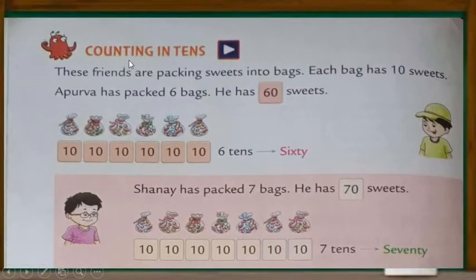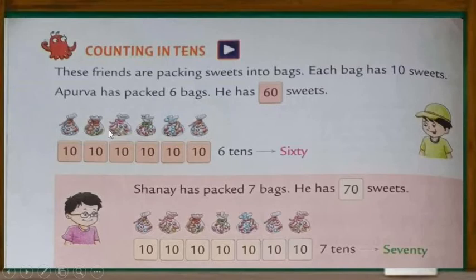Now look at here, my dear students, this is very important. This will help you understand the place value also. Look, these friends are packing sweets into bags. Each bag has 10 sweets. Apurva has packed 6 bags, so he has dash sweets.